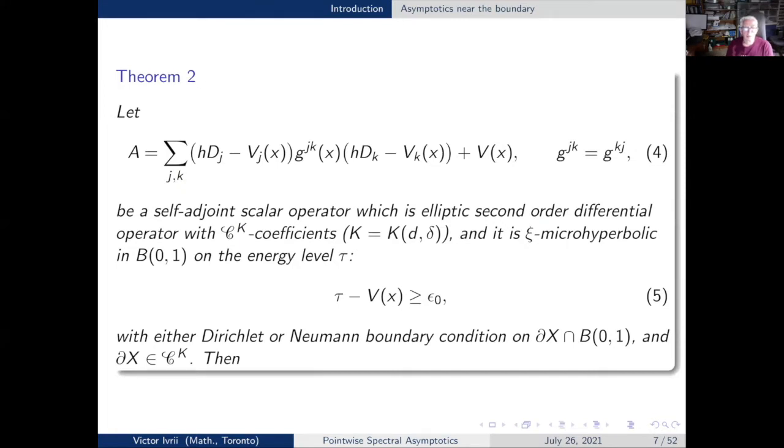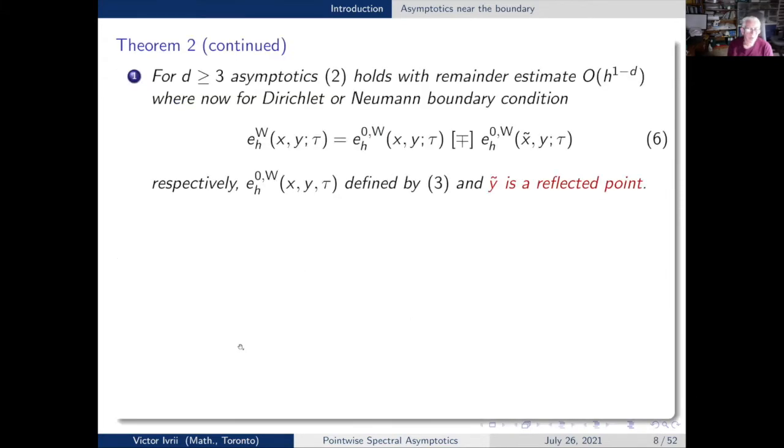And consider a second order elliptic self-adjoint scalar operator, also with smooth coefficients. And we assume that it is hyperbolic, which would mean exactly this in this case, with either Dirichlet or Neumann boundary condition, and the boundary will be smooth.